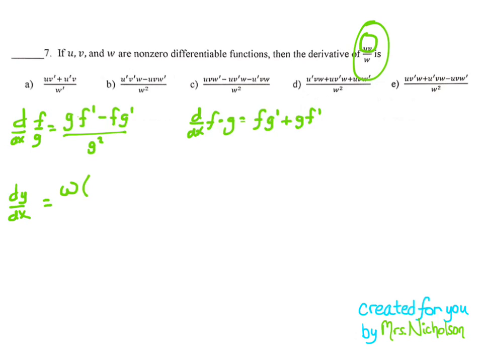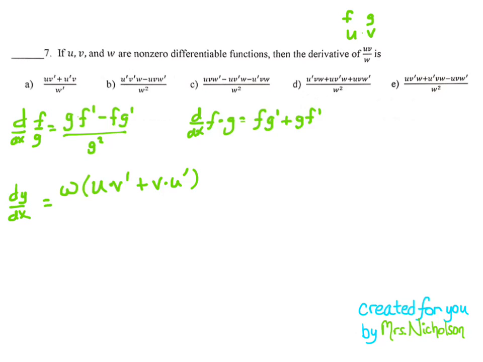And so in u times v, if I have u times v, then the u is my f and the v is my g. So I'm going to do f times g prime plus g times f prime.